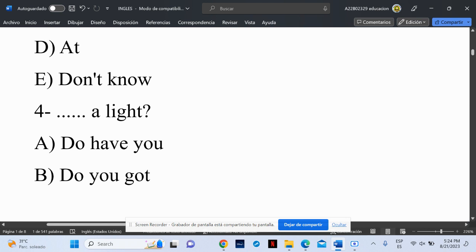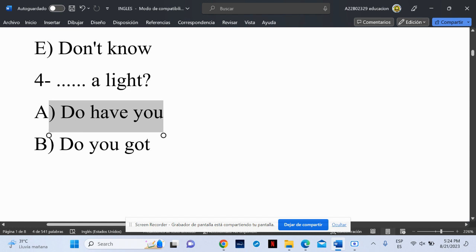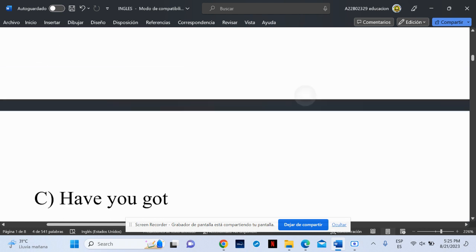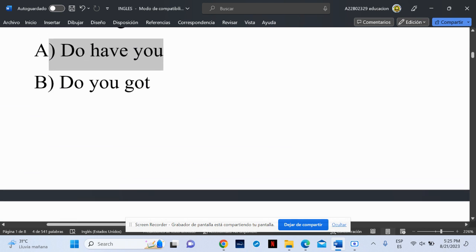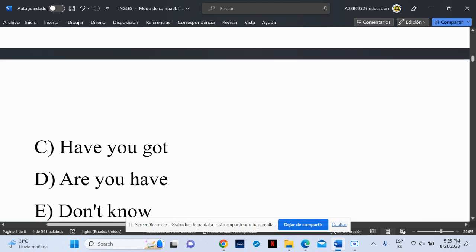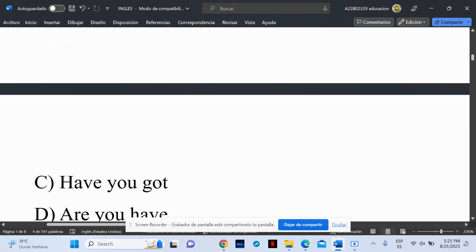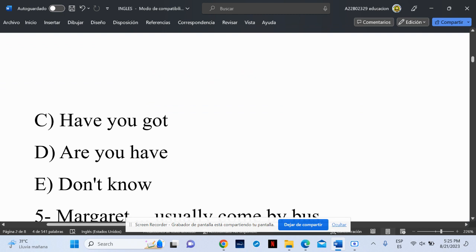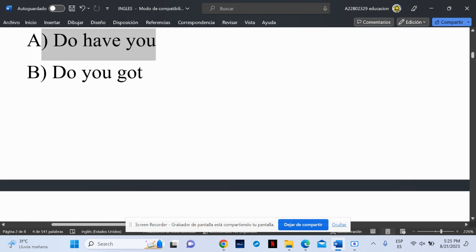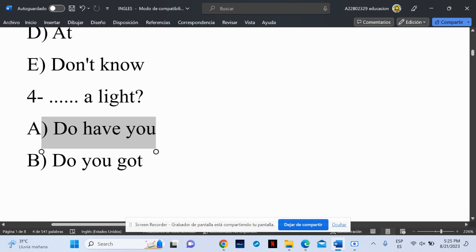For example, if you use the letter A, do you have a light? Letter B, do you got a light? The next one, have you got a light? And the letter D, are you have a light? And the next one, letter E, expresses that you don't know.